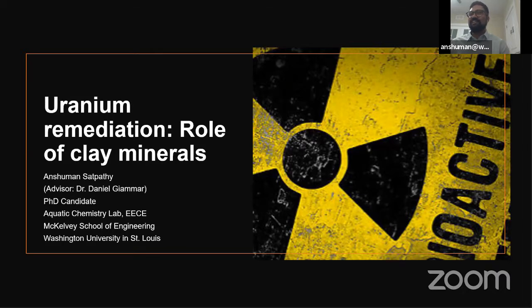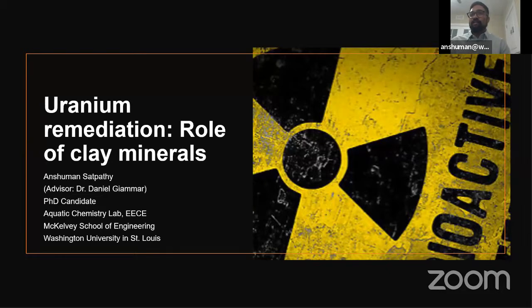Clay can bind anything. So the problem is carbonate. If we have high carbonate loading in the subsurface, it can bind with uranium-6 and form an aqueous U6 carbonate complex, and uranium-6 will be again mobile.